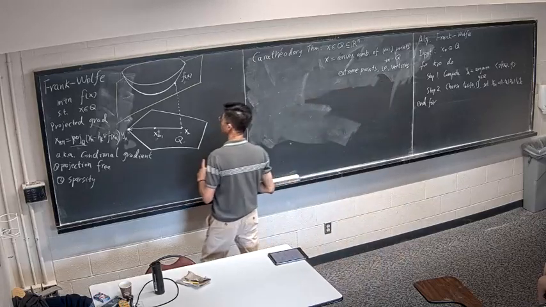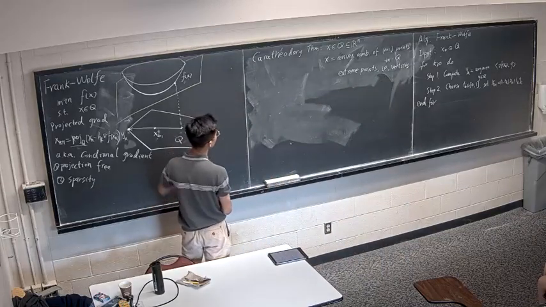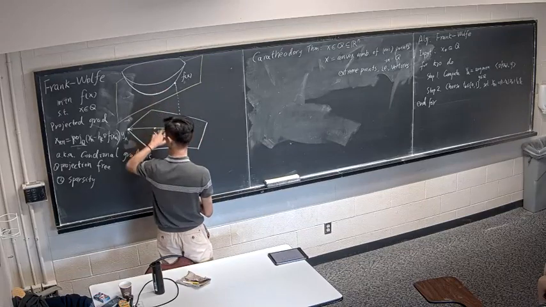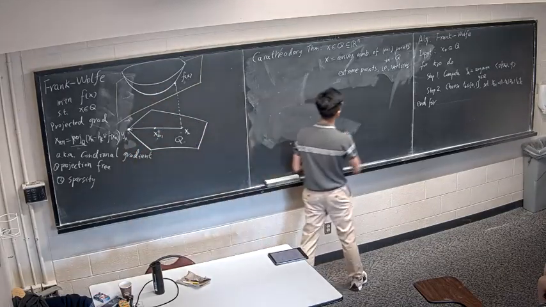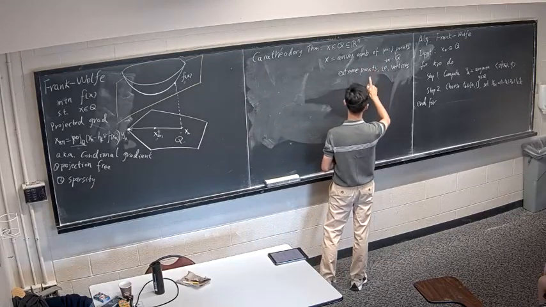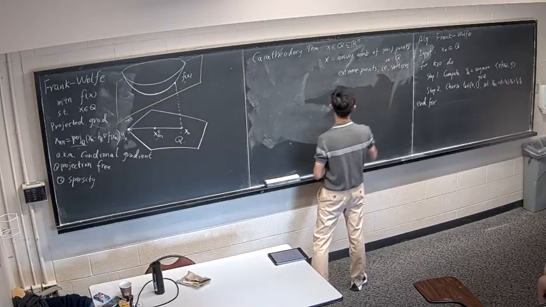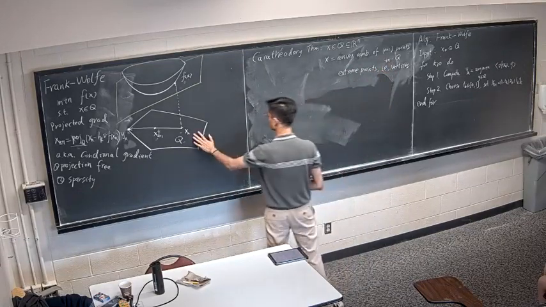So any point that we will encounter in the process of the Frank-Wolfe method can be written as the convex combination of n+1 points, n+1 vertices in the set Q.